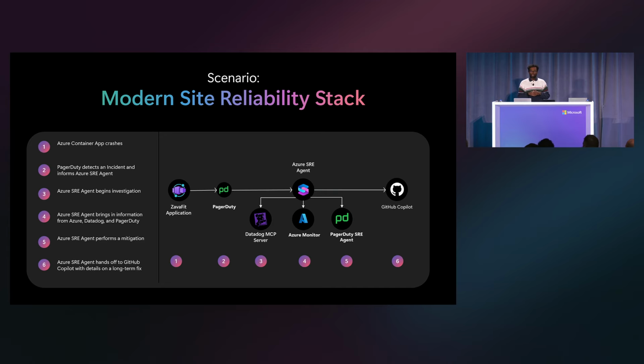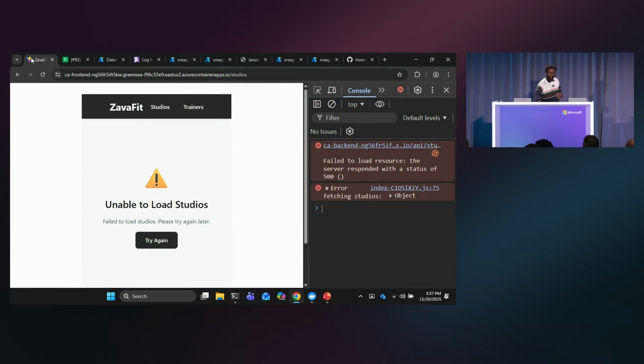With this information, the Azure SRE Agent then performs a mitigation to reduce downtime. And then it also opens up a GitHub issue to perform a long-term remediation that will be completed by GitHub Copilot.